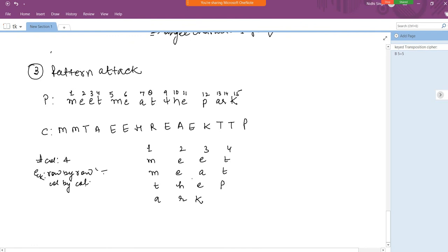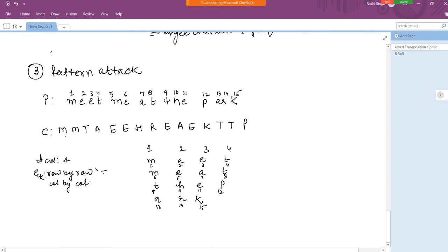So we have to do the indexing there also. The associated indexing, that is 1, 2, 3, 4. So here I have given the indexing, and the same indexing I give here: 1, 2, 3, 4, 5, 6, 7, 8, 9, 10, 11, 12, 13, 14, and 15. Because I am writing it row by row and reading it column by column.